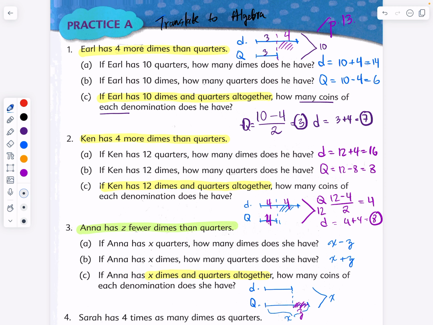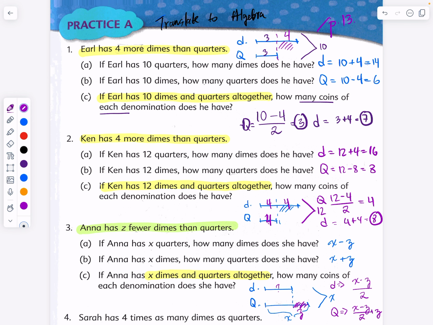Well, in order to find the smaller quantity, we would say the number of dimes is, step 1, subtract the difference. X is the total minus Z, which is the difference, and split it by 2. And the number of quarters would be X minus Z over 2 plus the difference Z.